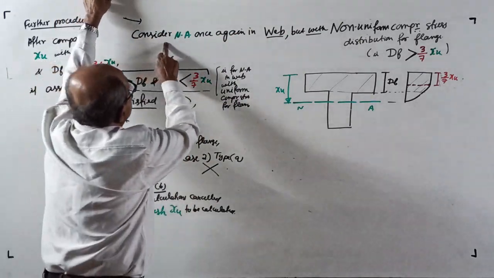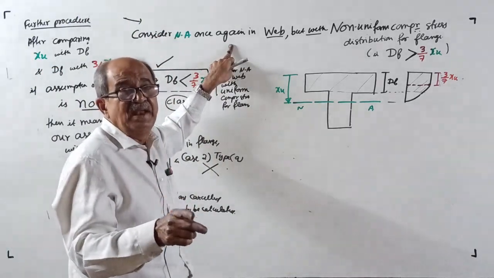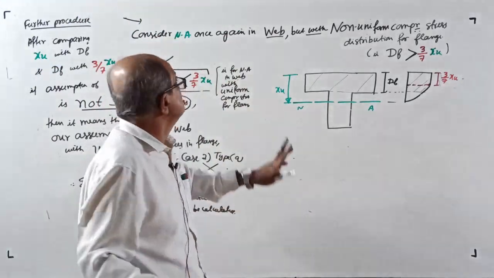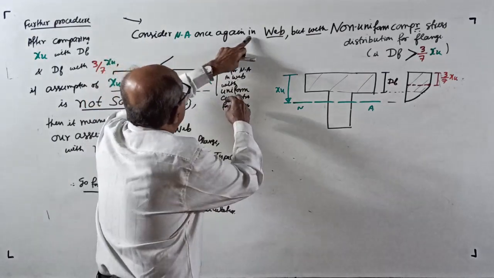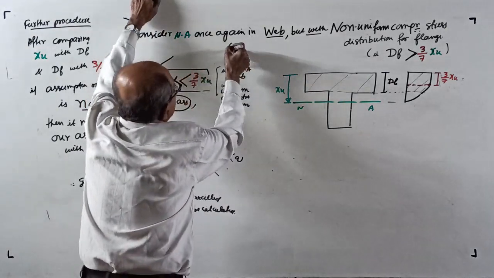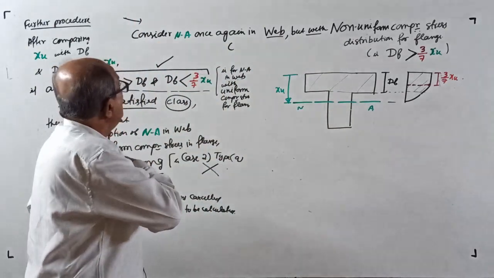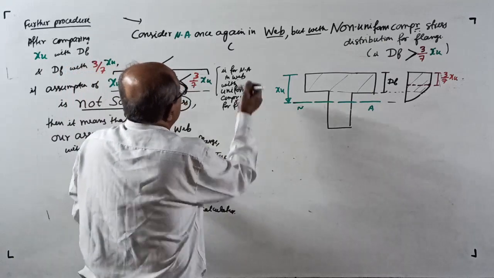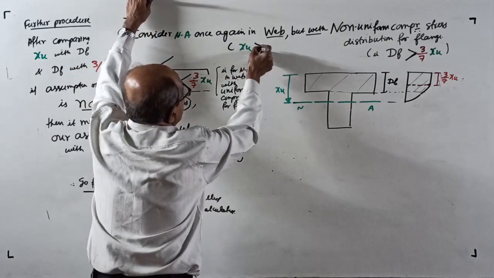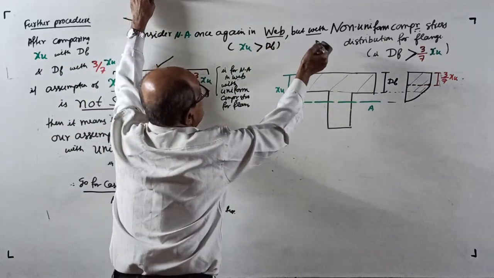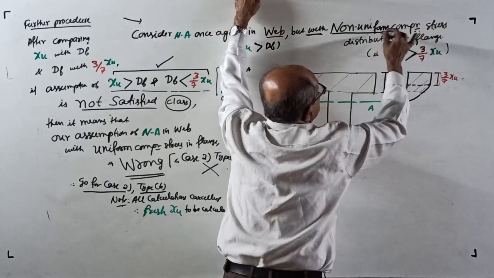Consider neutral axis once again in the web only, don't go to flange. Flange already rejected. When I do numerical, I will tell this one. That is your xu once again more than df, but with non-uniform compressive stress distribution for flange.